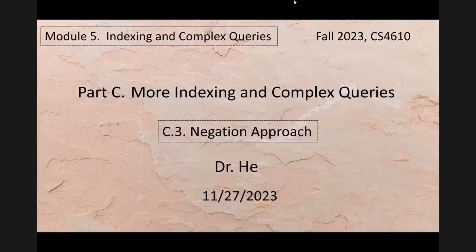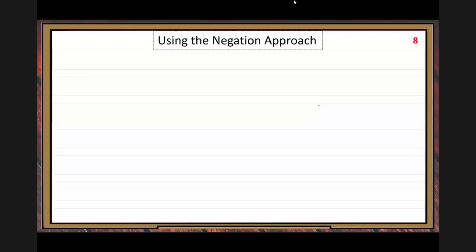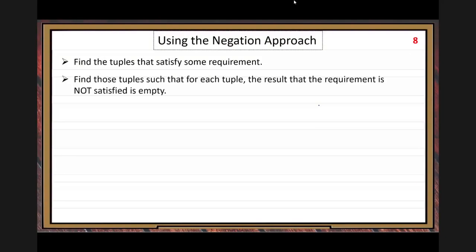Then C.3, negation approach. So we try to understand a little better in this. Actually, we already did it in the previous slide. Here you can see, find the tuples that satisfy some requirement. Find those tuples such that for each tuple, the result that the requirement is not satisfied is empty.